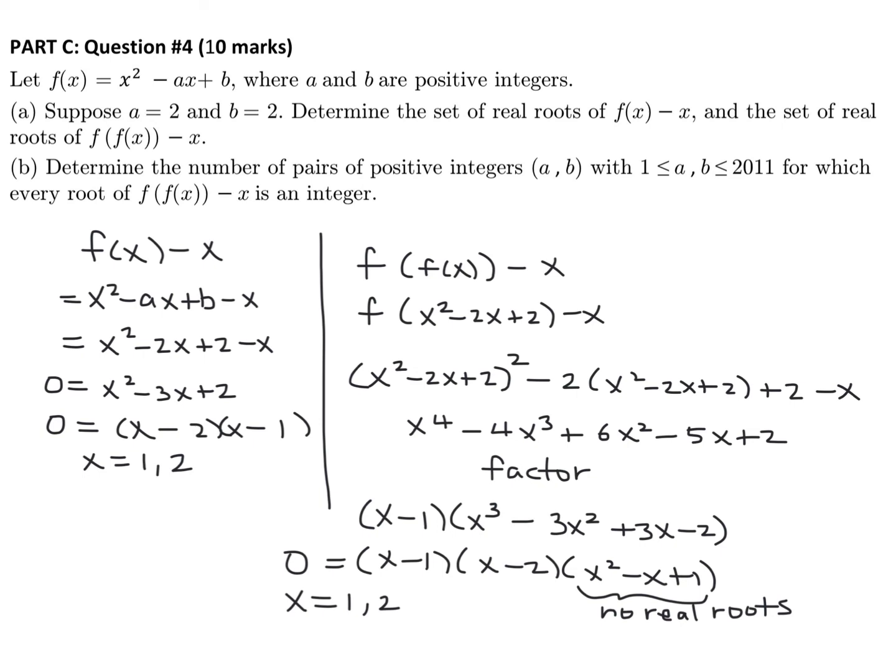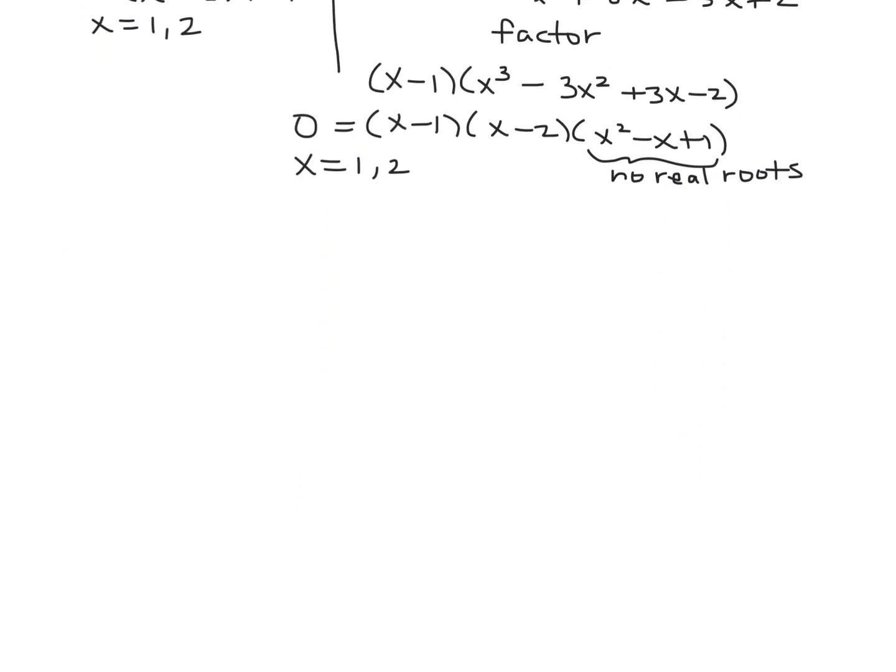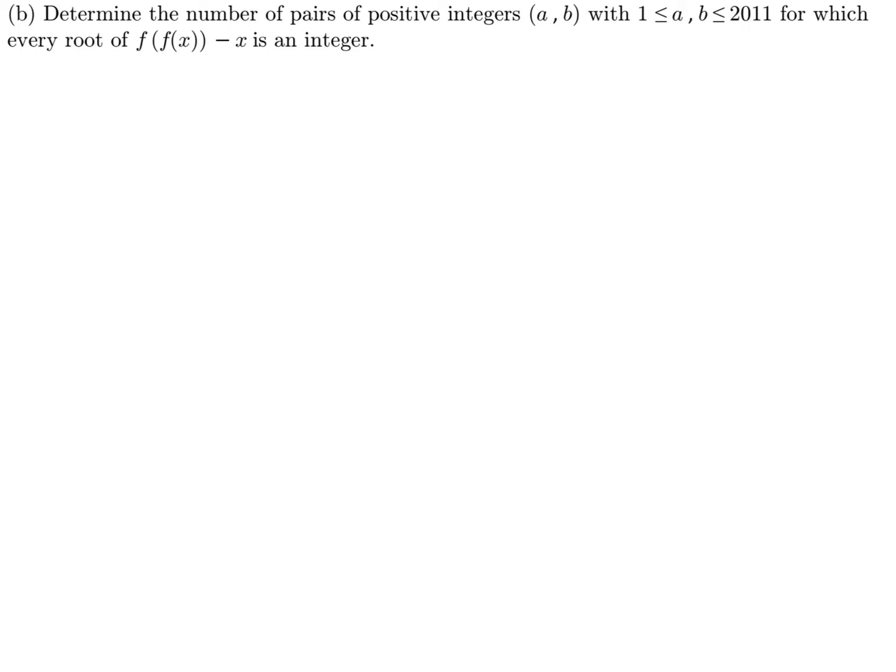Part B, determine the number of pairs of positive integers a, b with a and b between 1 and 2011 inclusive, for which every root of f at x minus x is an integer. Okay. So first of all, they are giving us the same formula, but no value is given for a or b.